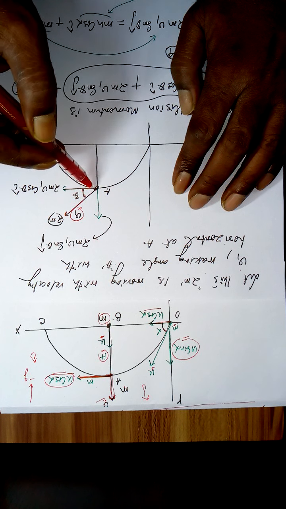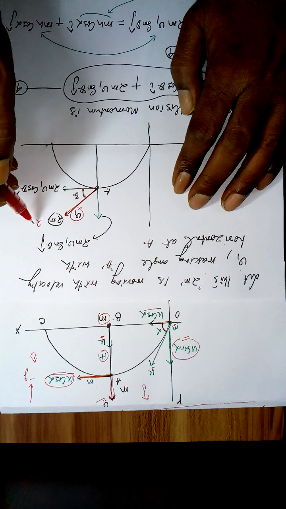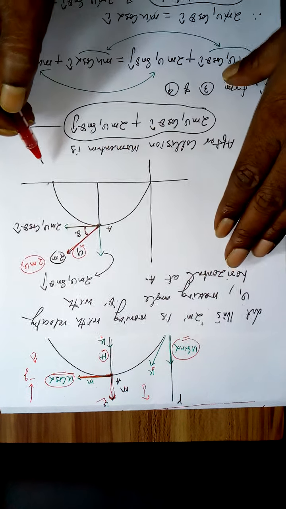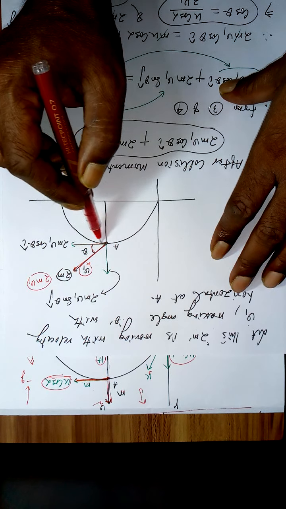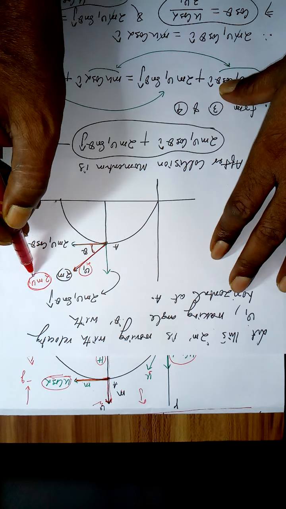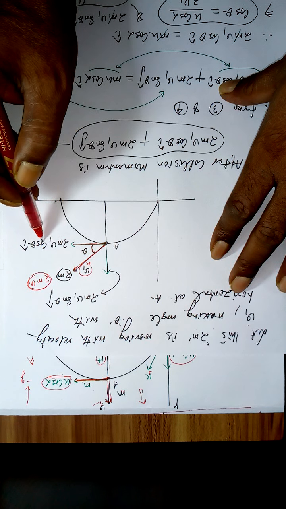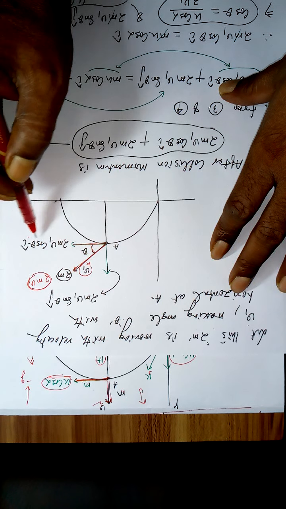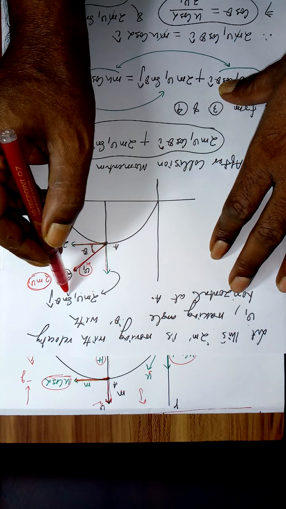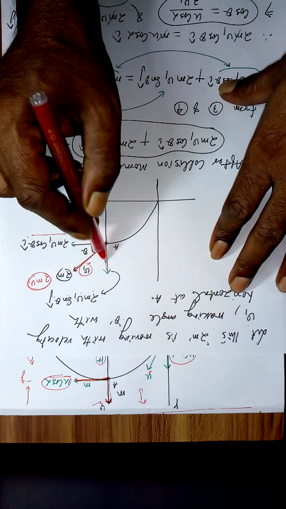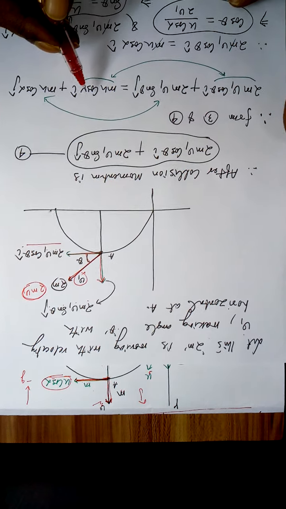So if the velocity is v1 and the mass is 2m, the momentum to this side will be 2m v1. And we assumed this angle is theta, that is to be calculated. So the components of this momentum are 2m v1 cos theta i cap, because it is along the x-axis, and 2m v1 sin theta j cap, because it is along the y-axis.